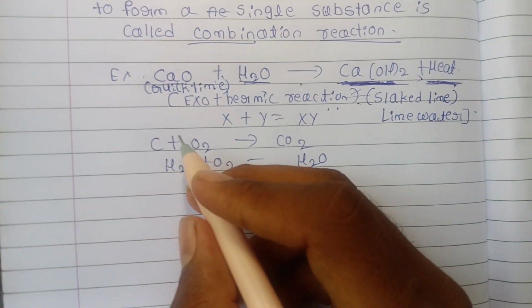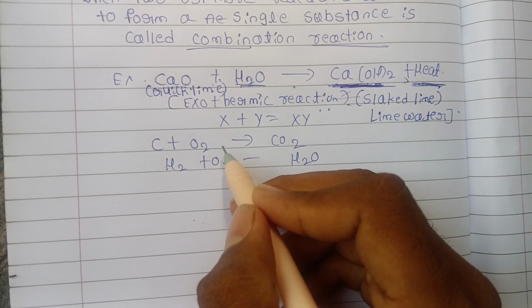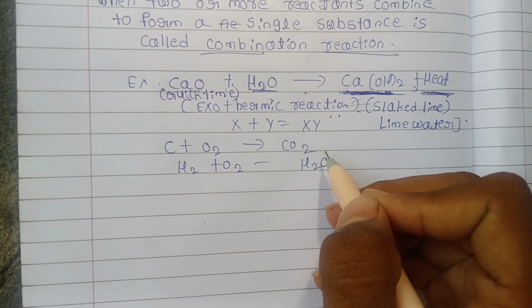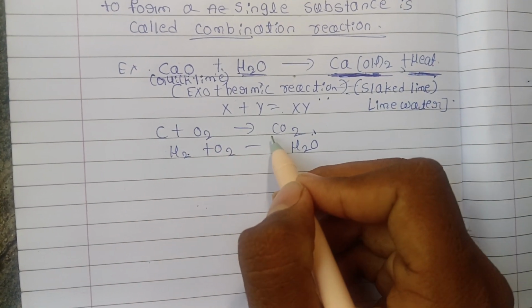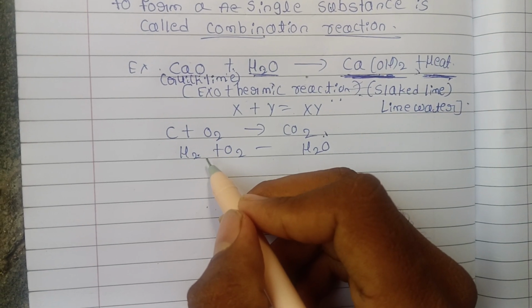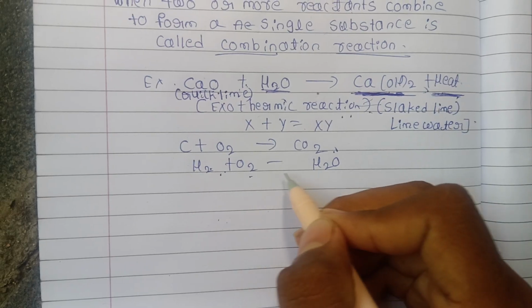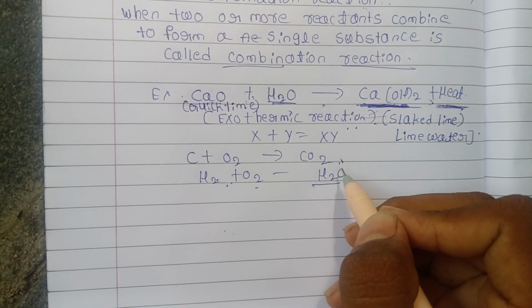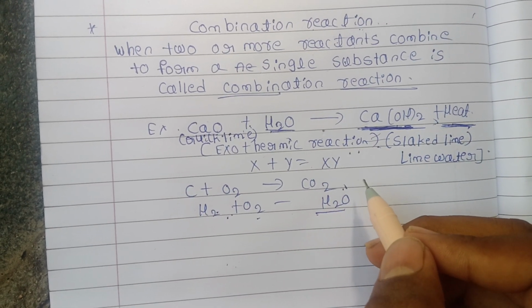And move on. Carbon reacts with oxygen to form carbon dioxide, and how is water formed? H2, hydrogen, plus oxygen forms water. So these are other examples of the combination reaction. I hope you understood well.